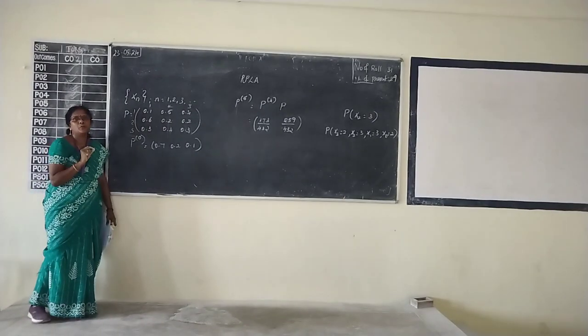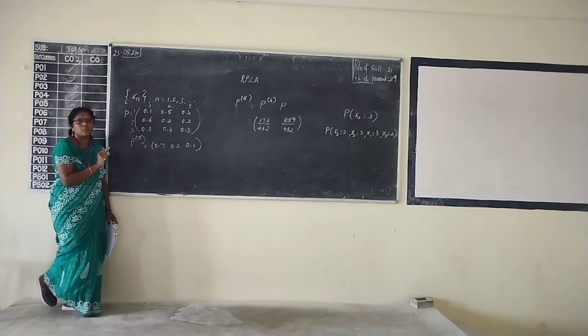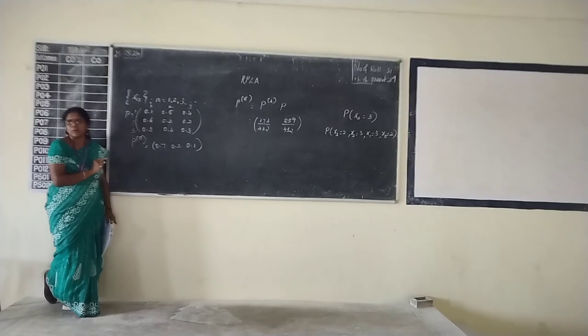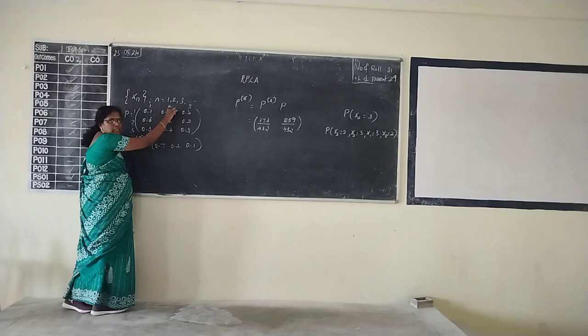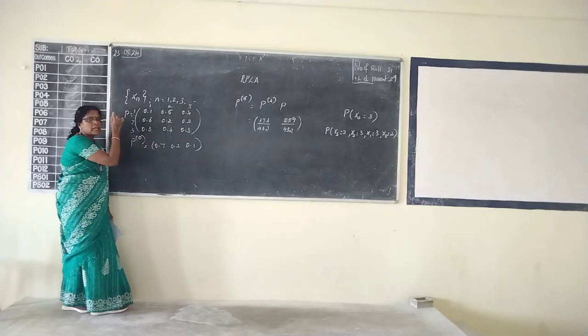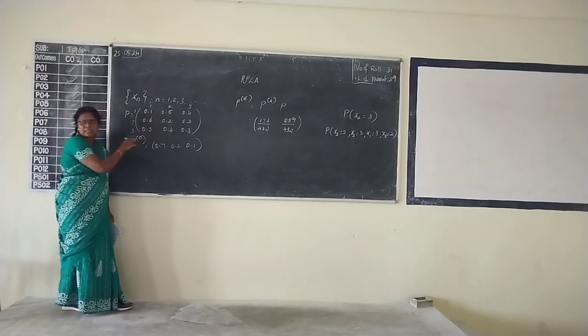State 1 to state 2 is 0.5. From state 1 you are moving to state 2, what is the chance? 0.5. From state 2 to state 1, 0.6.